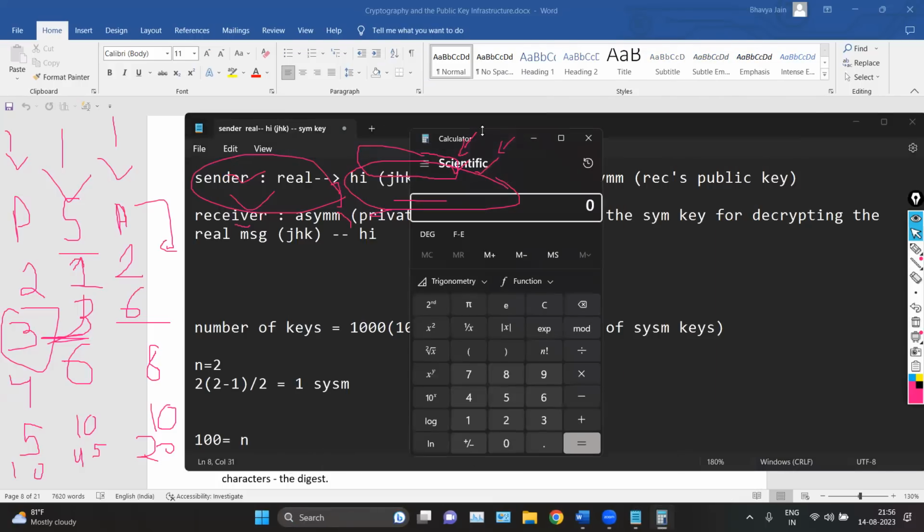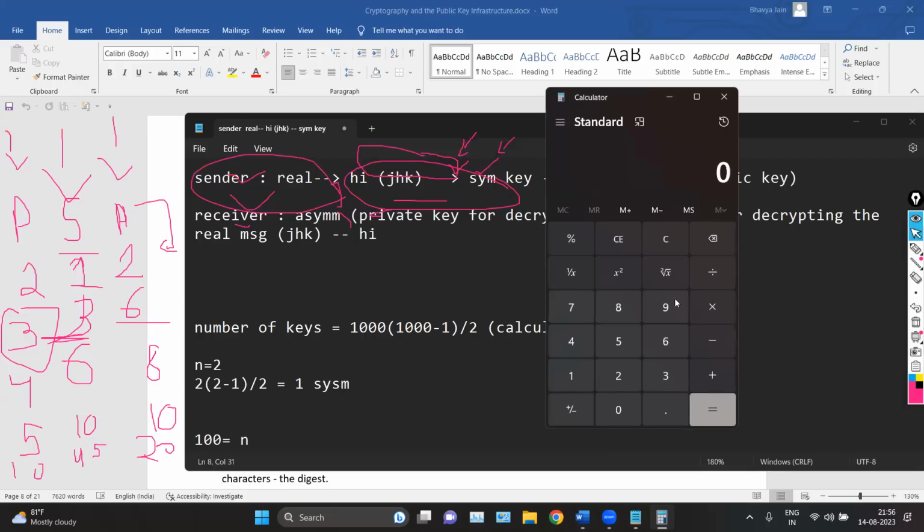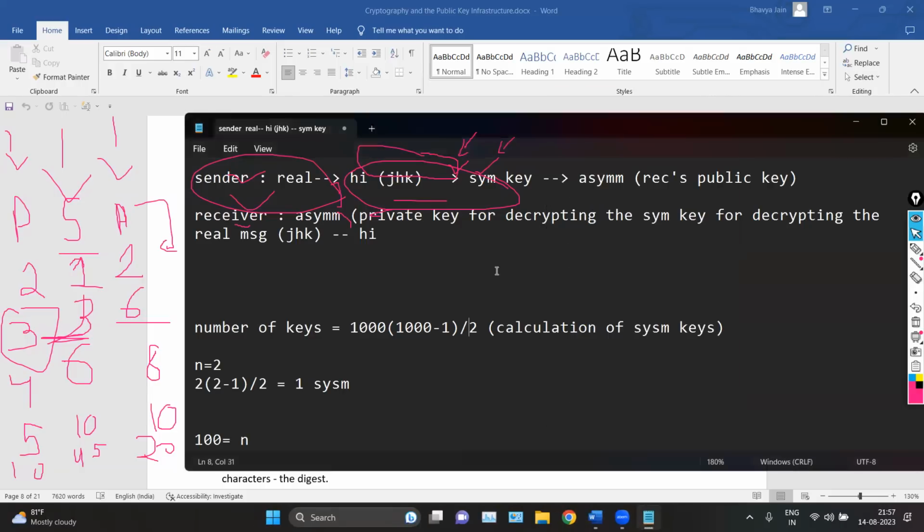So this is the number of symmetric keys you need. Okay, so this is the formula.